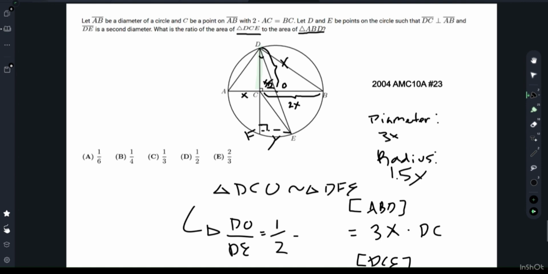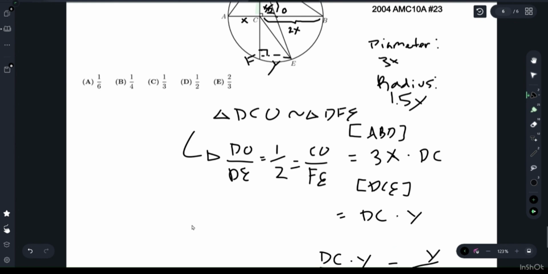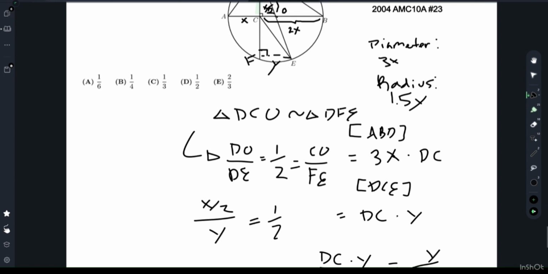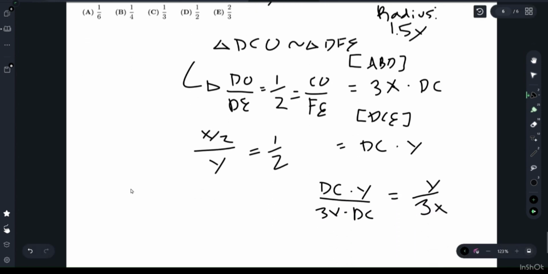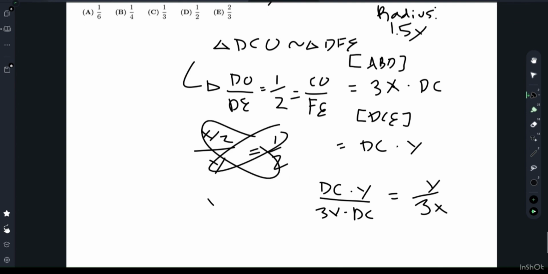That's the ratio of the side lengths. So we also know that CO is going to equal this ratio. So we know CO is x over 2, so x over 2 over FE, which is y, is going to equal 1/2. Let's cross multiply, so we have y is equal to x.